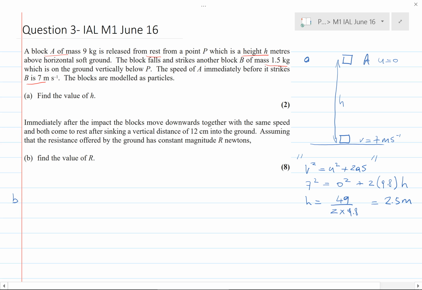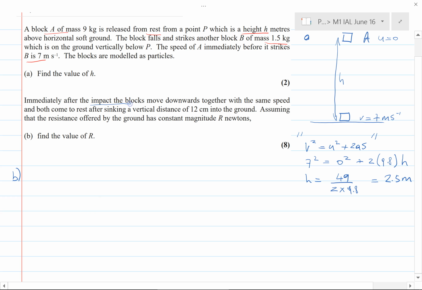Questions like part B do come up from time to time. I sometimes call them pile driver questions, where something's driven into the ground with rapid deceleration because it's been slowed down by resistances. It says immediately after the impact, the block moves downwards together with the same speed, and both come to rest after sinking a vertical distance of 12 centimeters from the ground.